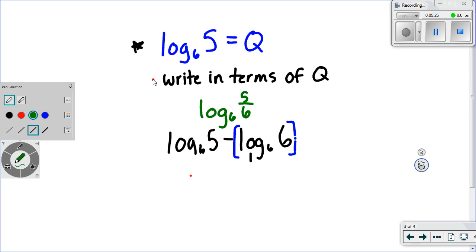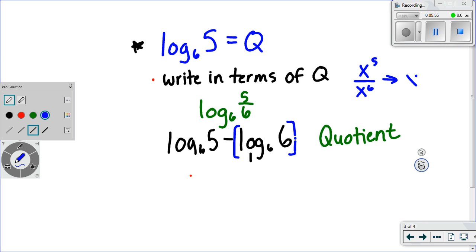Well, if we remember our quotient property, think exponents for a second. When I subtract exponents, what am I doing? It means that I have a division problem with exponents, right? Because I have, for example, x to the 5th over x to the 6th.